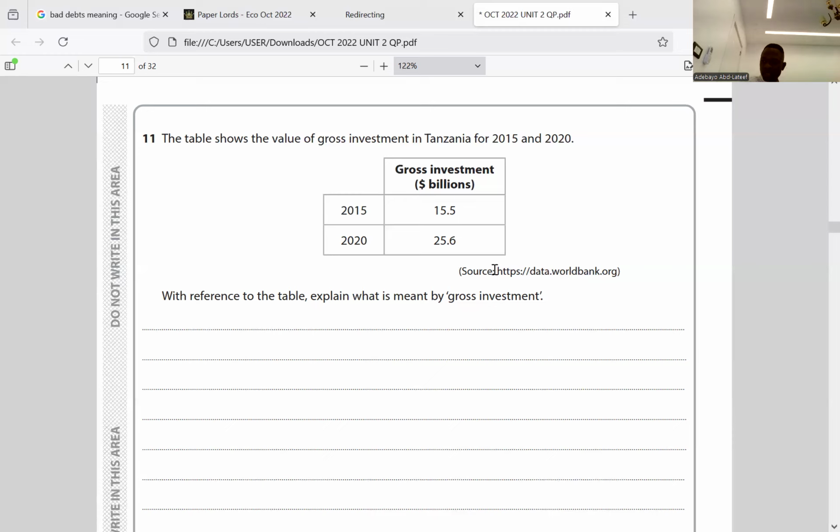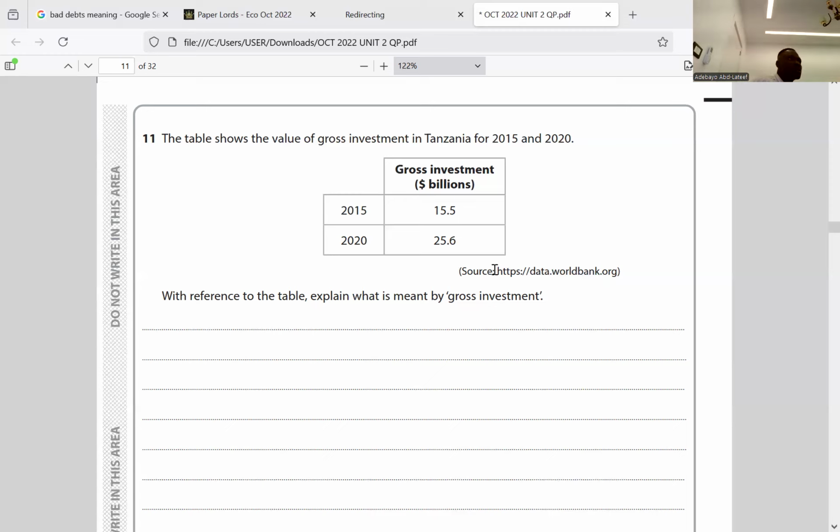For net, you have put depreciation into accounting, you subtract it. Gross investment is just the value of investment without putting into account depreciation. When it comes to net investment, you have valued the assets, you are taking away the depreciation.